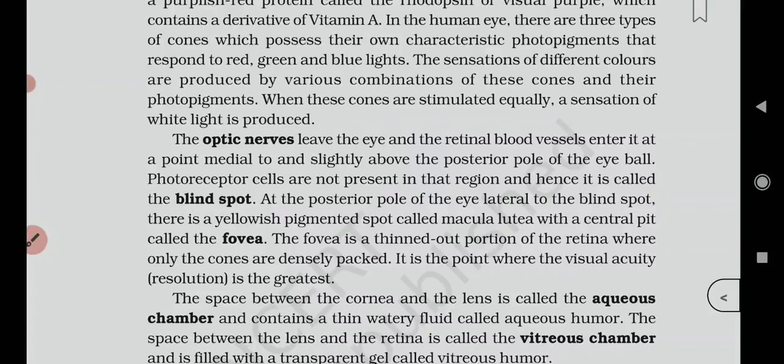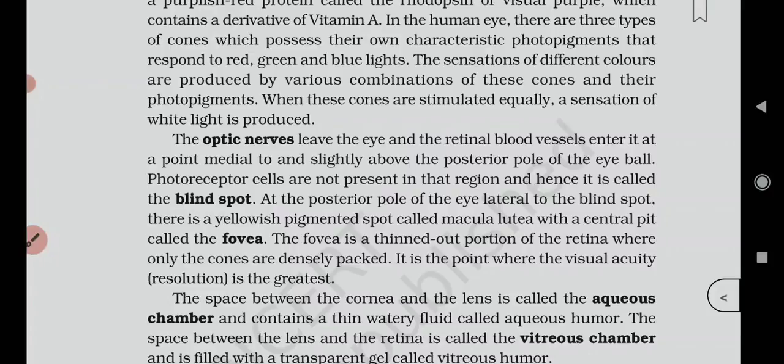Now let's talk about the space between the cornea and the lens, which is called aqueous chamber. So the space between lens and cornea, that's the outer portion, is aqueous and contains a thin watery fluid called aqueous humor.